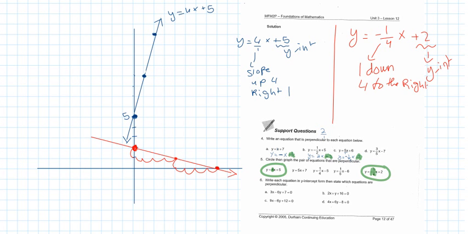If I extend this blue one, right, you see that they're going to meet right here at a 90-degree angle. Okay, they're going to meet right here at a 90-degree angle.